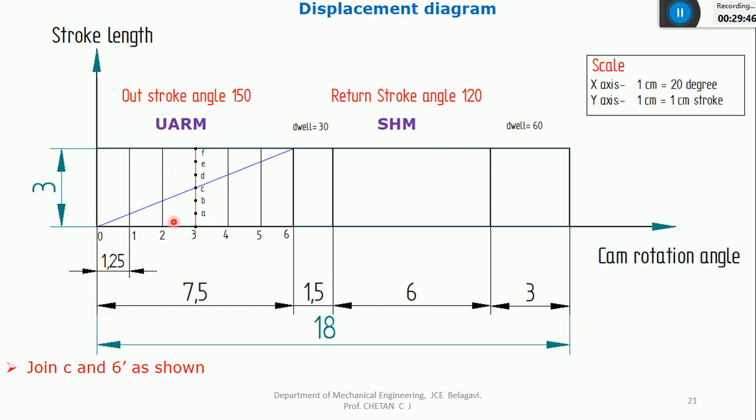I'll join A also, I'll join B also. And again, I'll take this as a reference. I'll join point E also, point D also. So this is the standard method. You have to remember this.